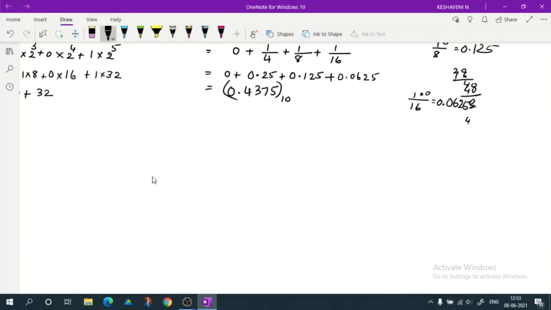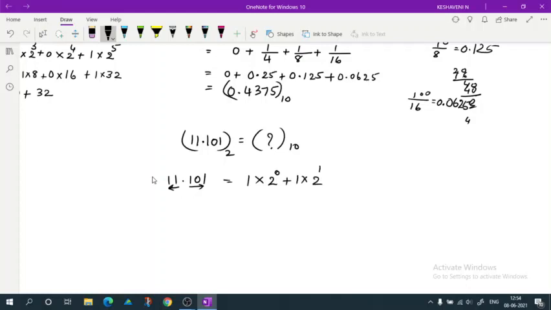So next I will write another example, which consists of both. Consider the example 11.101 in binary, that's equal to how much in decimal? So first I will consider 11.101. You have to start like this. Therefore I will write here, first I will write the left hand side, 1 into 2 to the power of 0 plus next 1 into 2 to the power of 1.